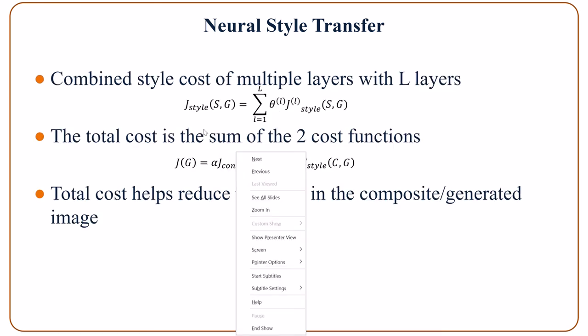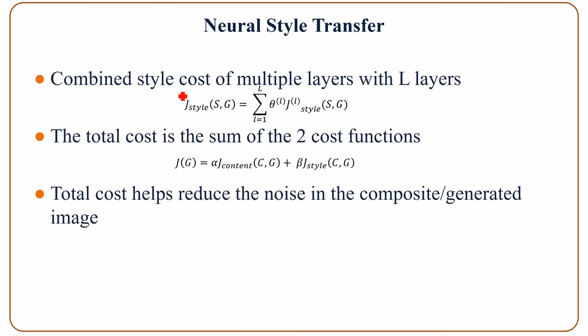That's how we get the combined style cost, which is calculated as the sum of the style costs for all the layers from 1 to L. And eventually we add the content cost and the style cost together.